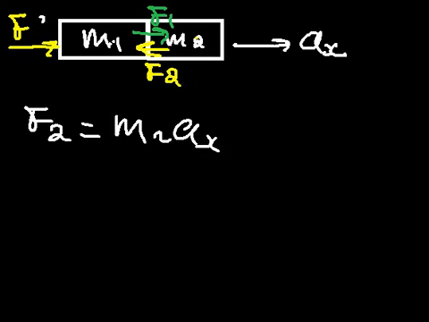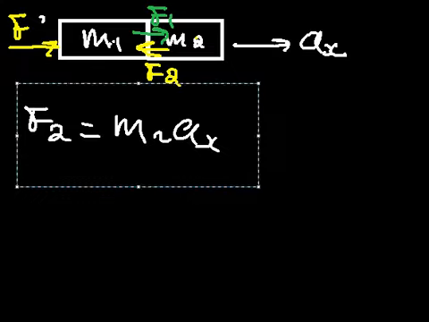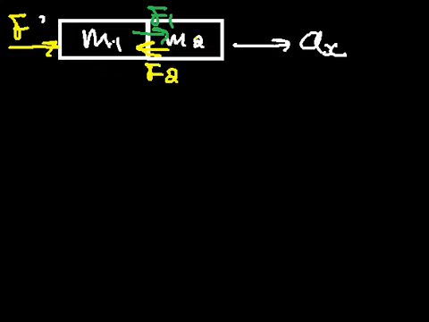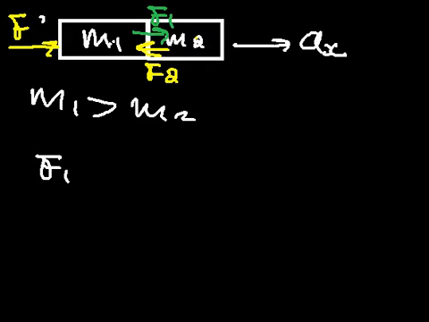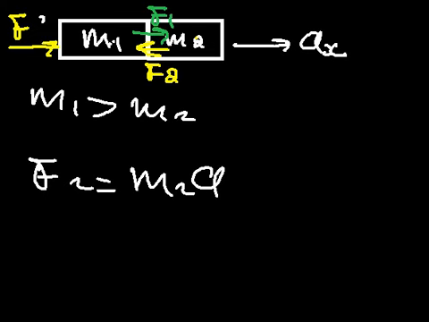Now, let's say mass m1 is greater than mass 2. What will happen is that the contact force will be less, because the contact force is the force F2 obtained from the product of mass 2 times the acceleration.